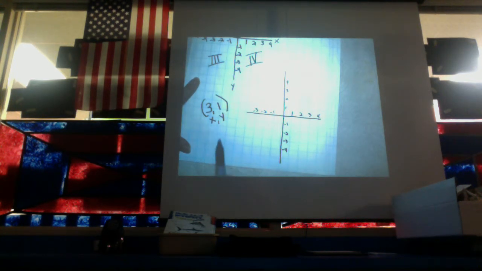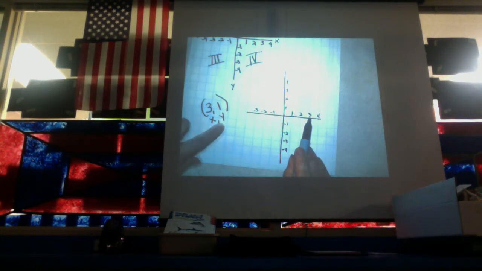So what does this mean? 3 is on the x-axis, so that means horizontally. We always start at the origin, (0, 0). Then we go to 3, not -3, +3. So we go over here to 3. That's the x-axis.